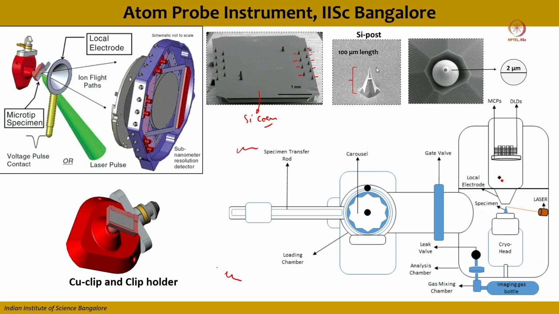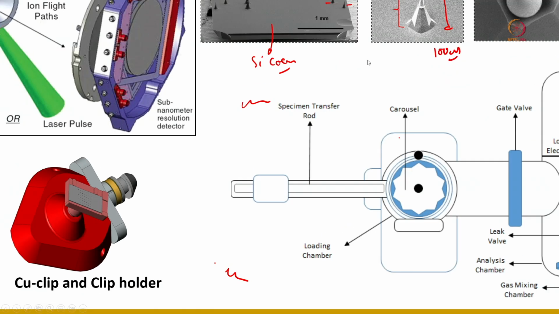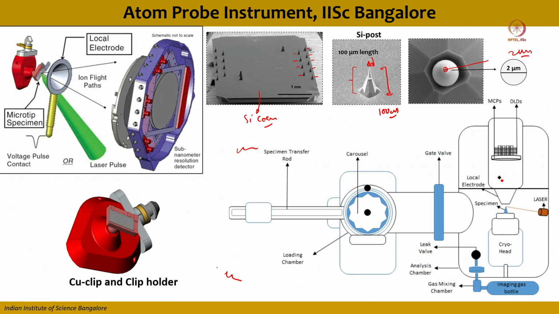The length of the silicon post is around 100 micrometers, and from the top surface the diameter of that post is around 2 microns. Usually we paste the samples on this silicon coupon and make a sharp needle by using focused ion beam.